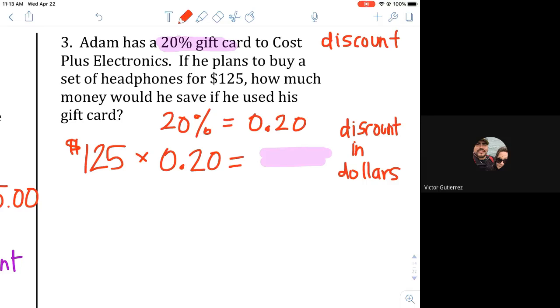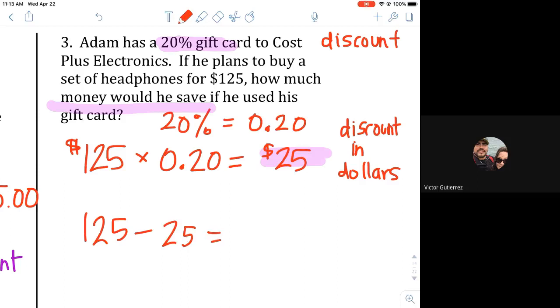Now, this one's a little bit different compared to number one, because on this one, it's asking you how much money would he save. All we're interested in is how much money he's going to be saving, not how much he's going to be paying. Now, he's going to save $25. So that means he's going to pay 125 minus the discount of $25.